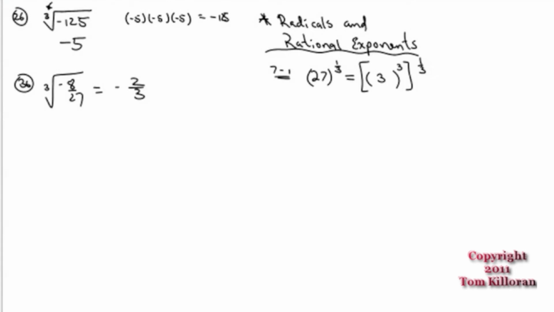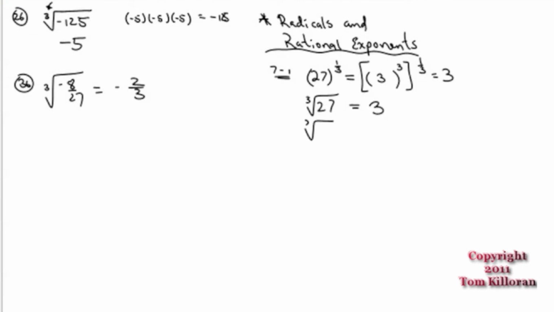And the reason we did this is so that the 3 times 1/3, because power to a power you multiply, becomes 1, and 3 to the 1st power is 3. But that's the same thing as doing the cube root of 27, because the cube root of 27 is also known as 3.